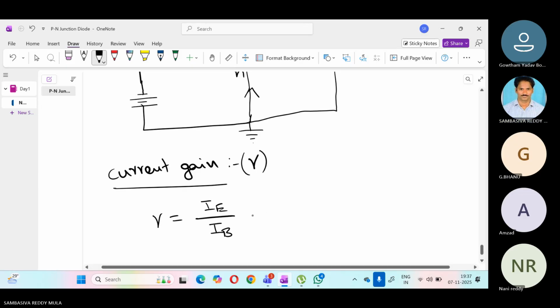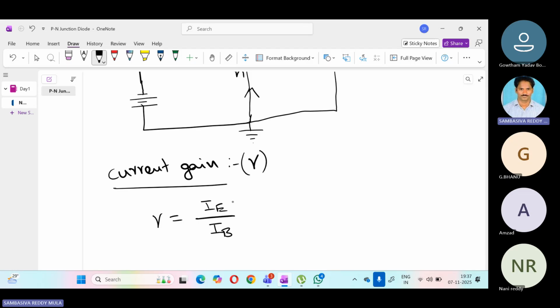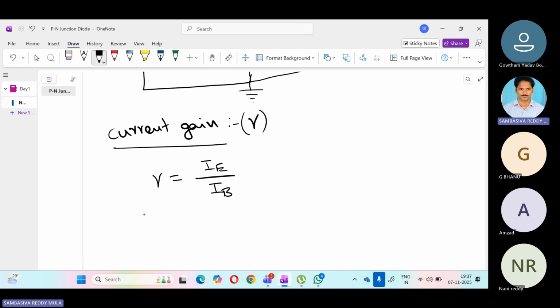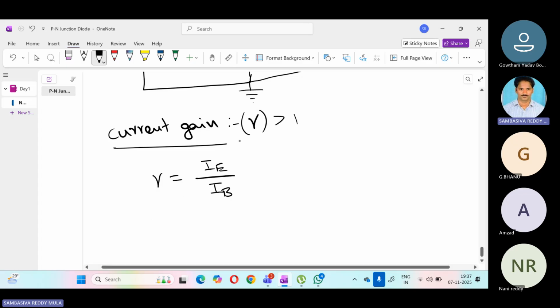So if you want the relationship, gamma also ranges like beta. Gamma is greater than 1, like beta. If you see the relationship, we can have the value of the range also.